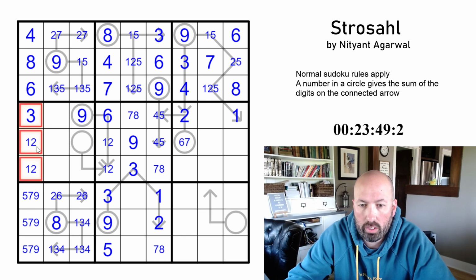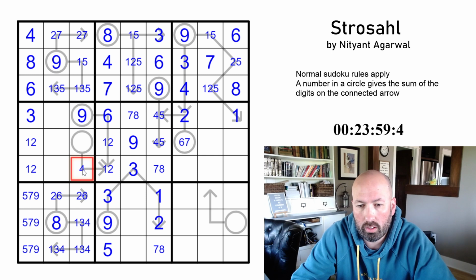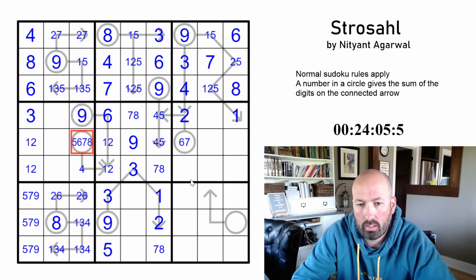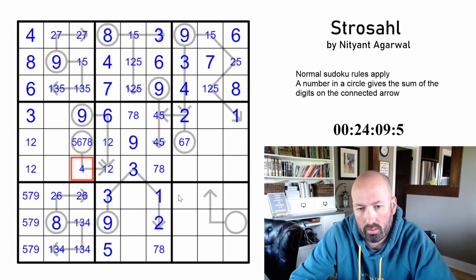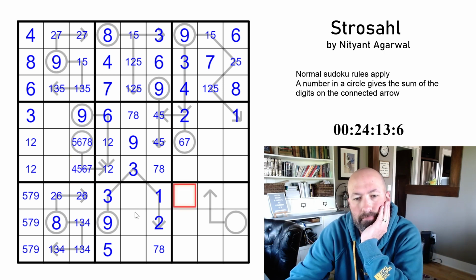Okay, 1, 2, 3. Oh, so this. So the minimum this can be is 4. So this could be 5. This can be a maximum of 8. So I guess those are the options there.